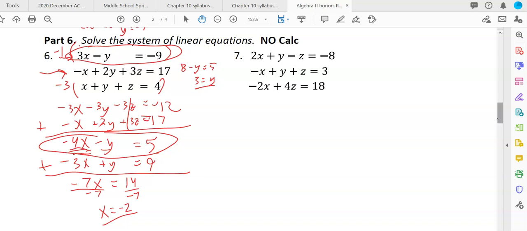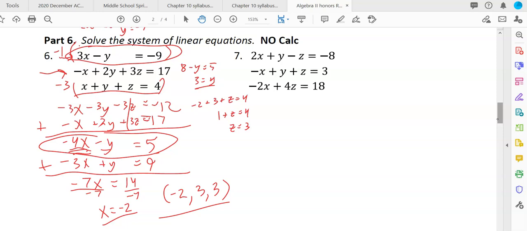Plug back into the third equation, so we're plugging in this one. We get x is negative 2, plus 3 is y, plus z equals 4. So I get 1 plus z equals 4, so z equals 3. So my answer is negative 2, comma 3, comma 3.